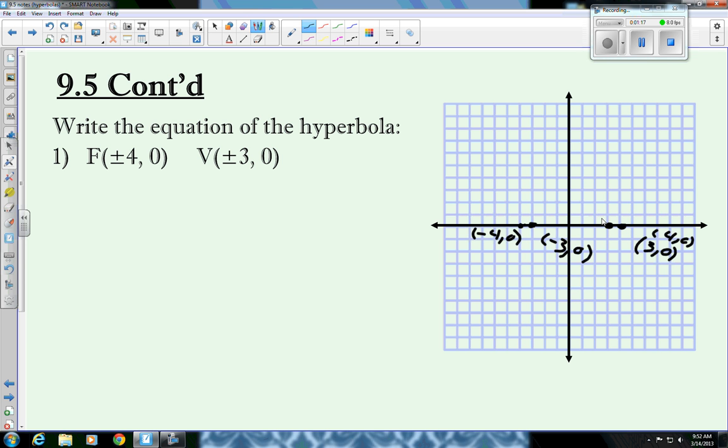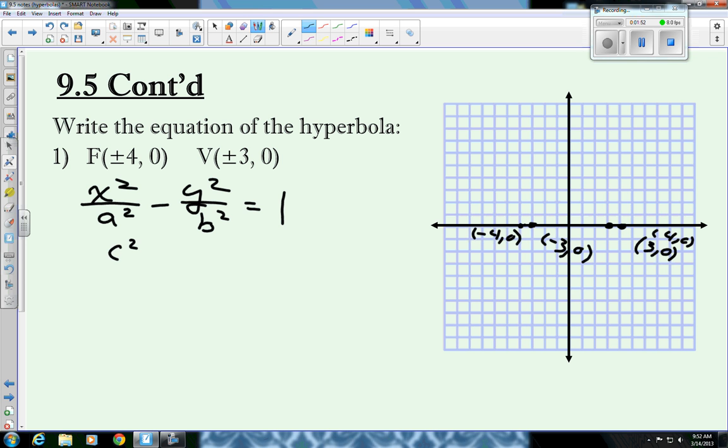So when I write my standard equation, am I going to have the x squared first or the y squared first? X squared first. So my standard equation is x squared over a squared minus y squared over b squared equals 1. Now, in order to figure out what b squared is, everybody remember that equation? c squared equals a squared plus b squared for the hyperbola.